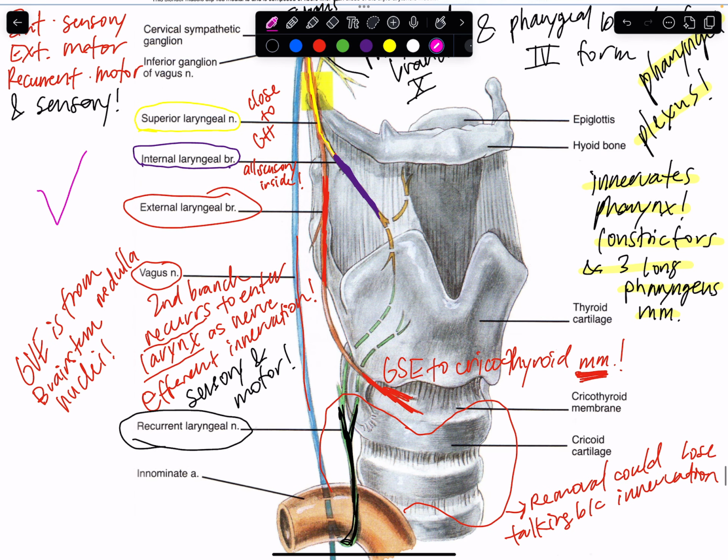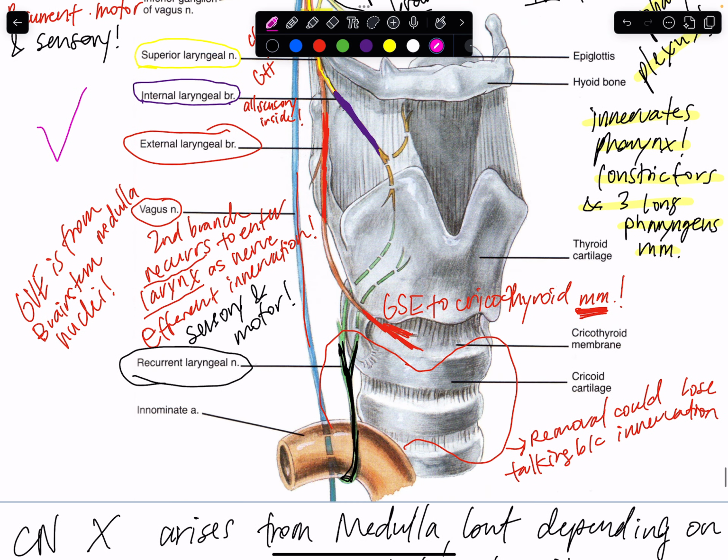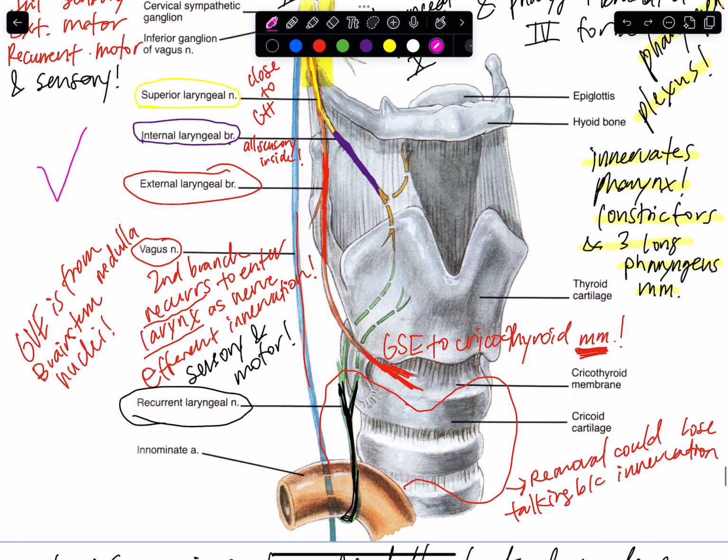Another great image. So here we have the vagus coming down. It's dropping a branch of itself and coming back up. This is your recurrent laryngeal nerve. This is one that I said if you're getting a thyroid surgery, since your thyroid sits right there, you could injure this and cause them to lose their speech.